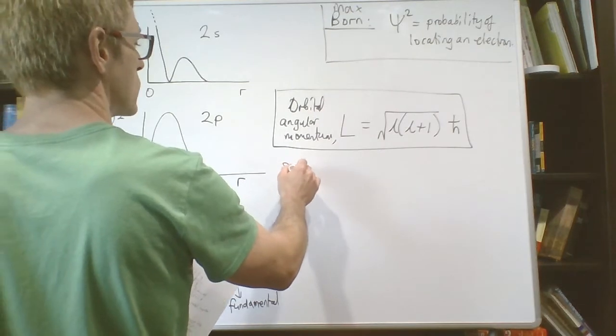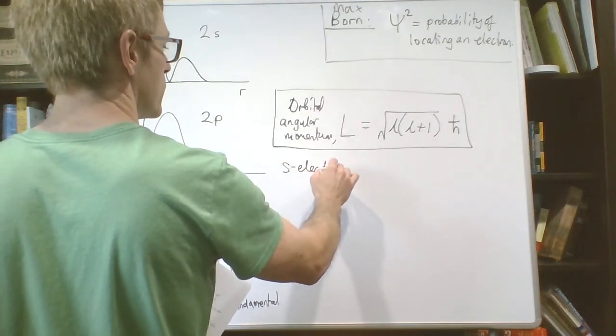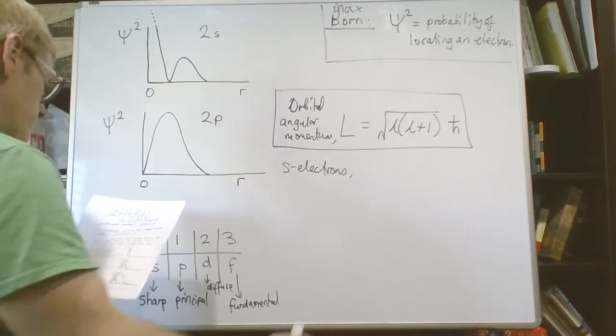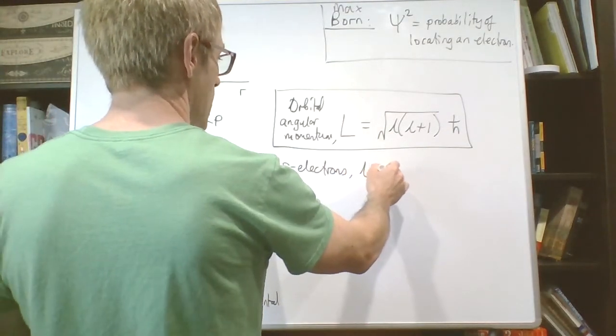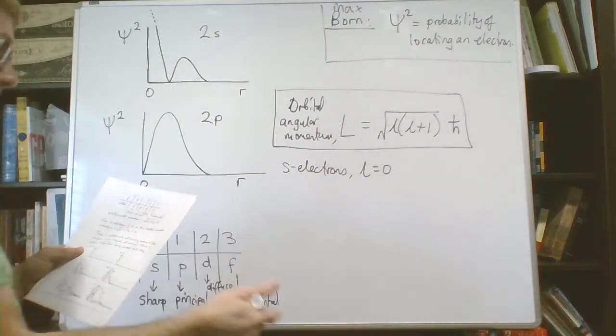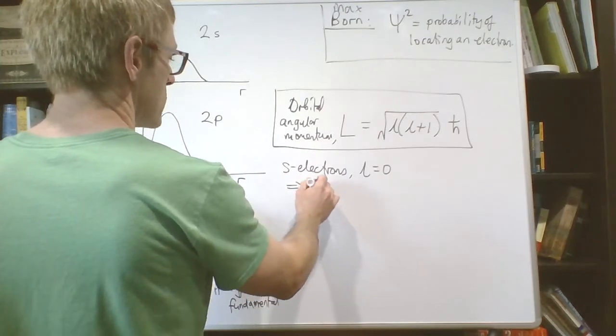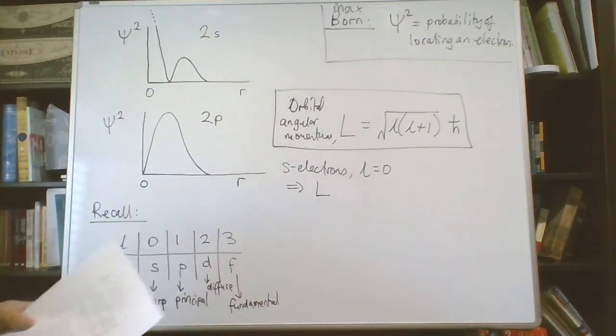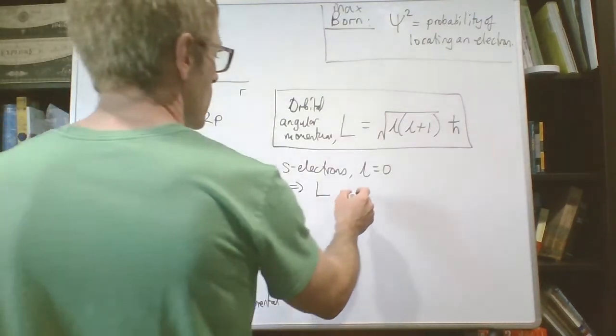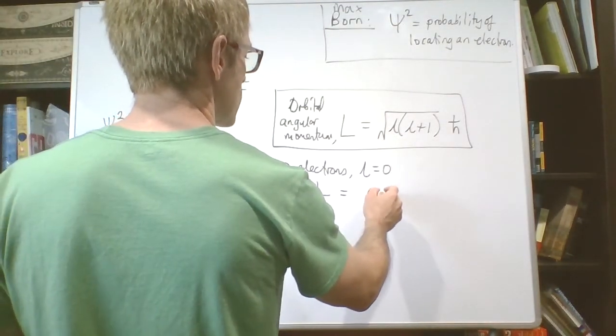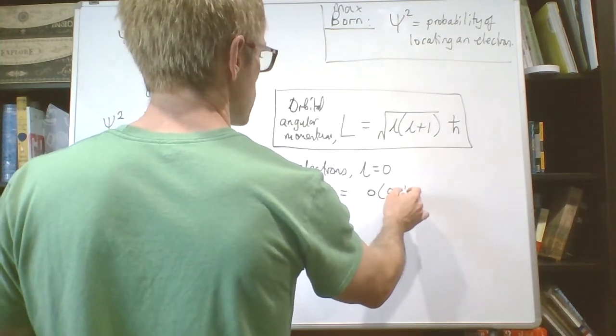For s electrons, l equals 0. So the big orbital angular momentum is going to be the square root of 0 times 0 plus 1.